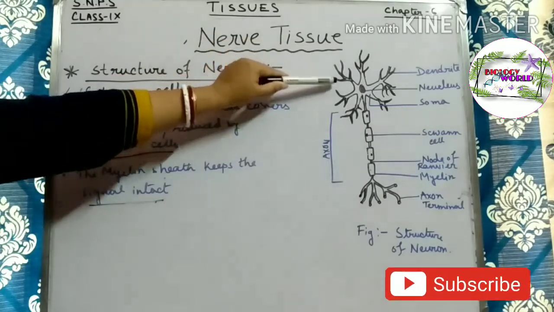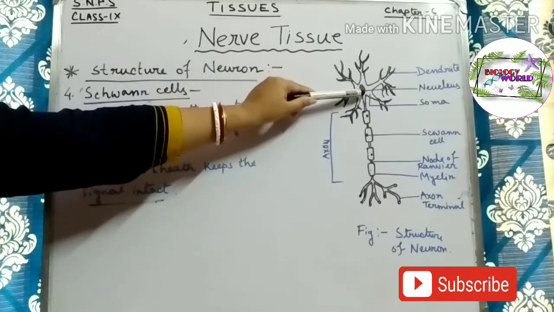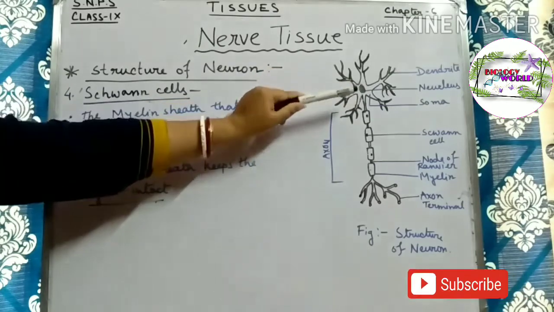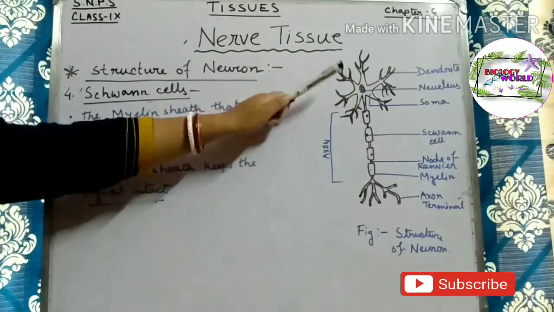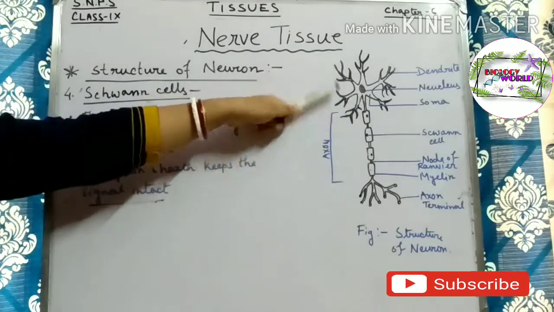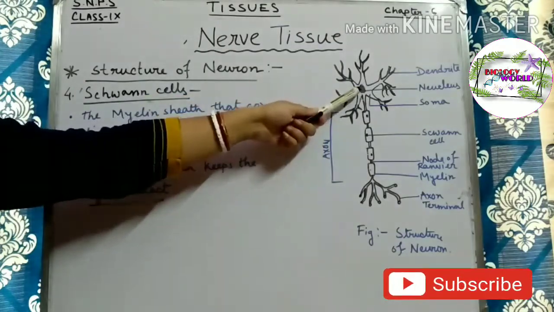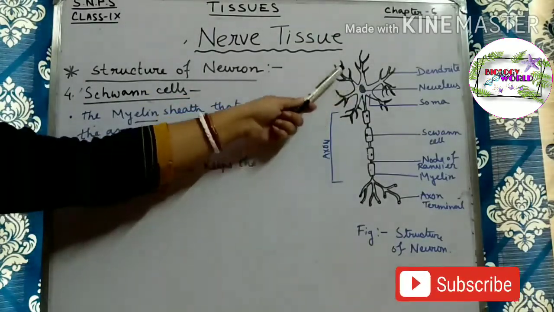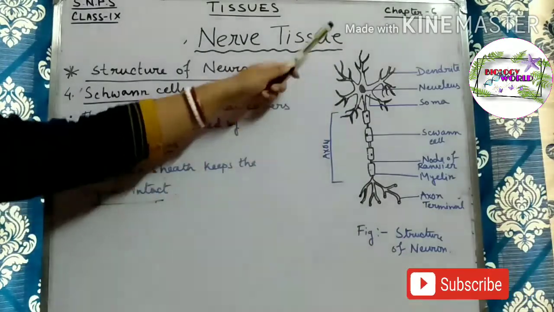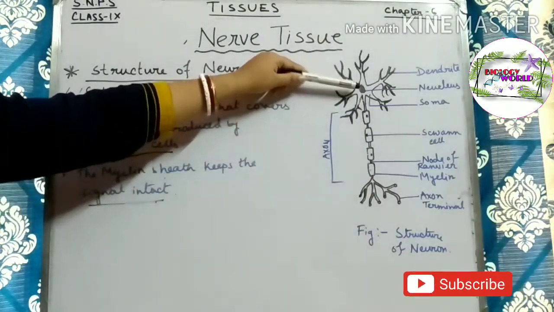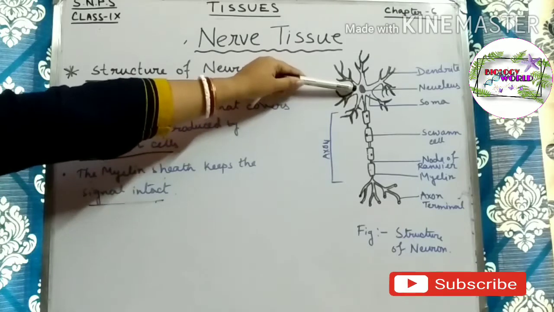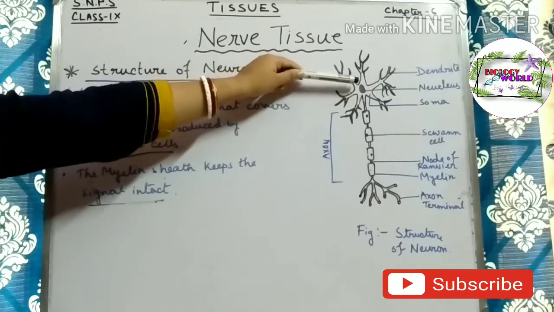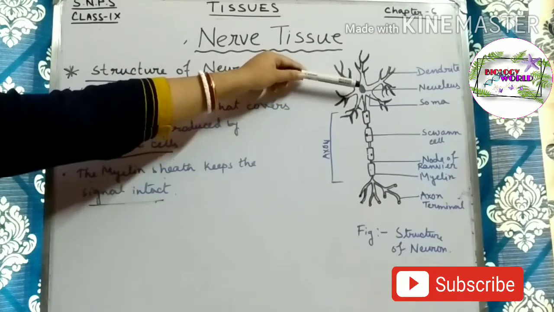The next is the soma or cell body. The cell body does not directly help in transmitting the signal, but it produces some proteins which help to transmit the signals. Soma has some cell organelles like mitochondria, nucleus, Golgi body, etc.